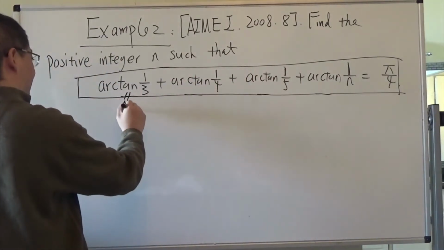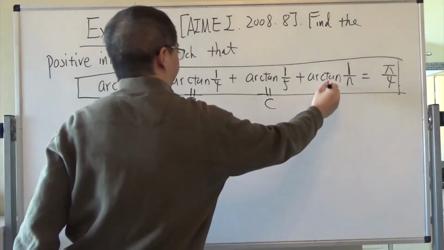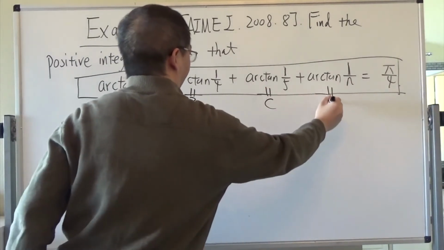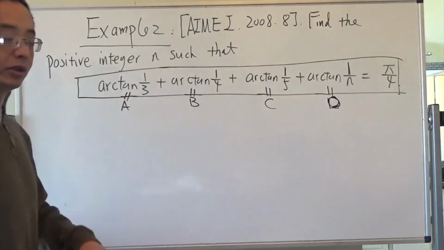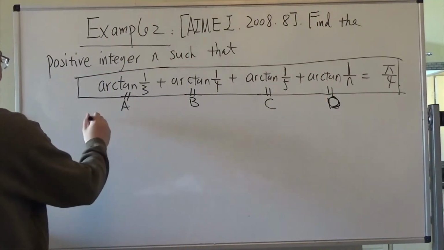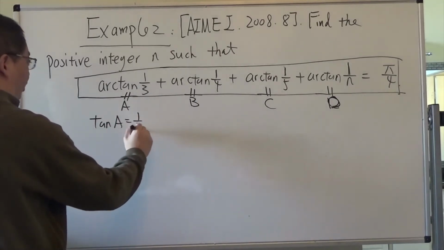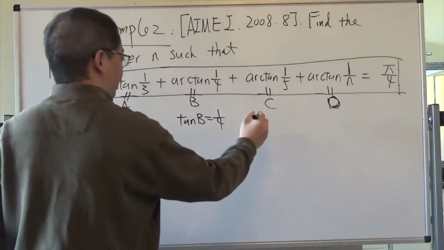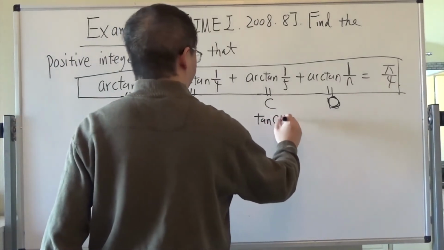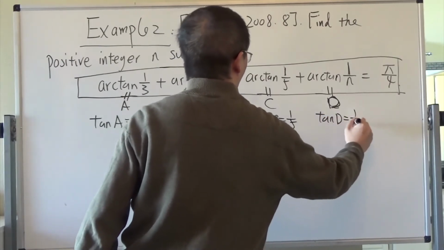Let's denote them as angle A, angle B, angle C, and angle D. They are given by inverse tangent functions. Therefore, by definition, tangent A equals 1/3, tangent B equals 1/4, tangent C equals 1/5, and tangent D equals 1/n.